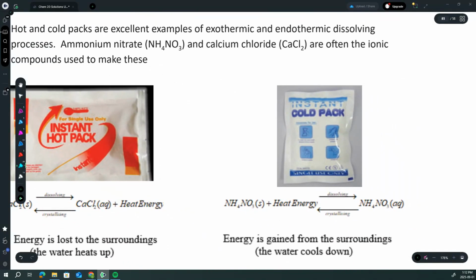However, with a cold pack, more energy is required to break the bonds of the substance within the cold pack than the energy that's released when new bonds form. As a result, we feel it as cold.